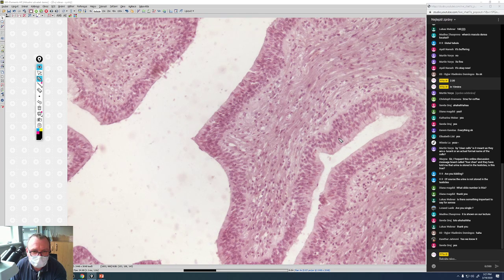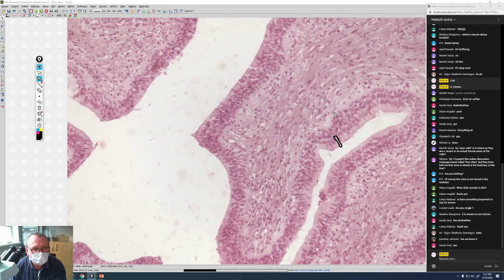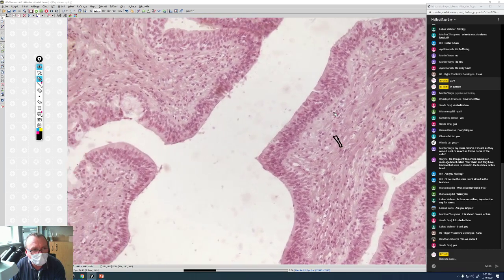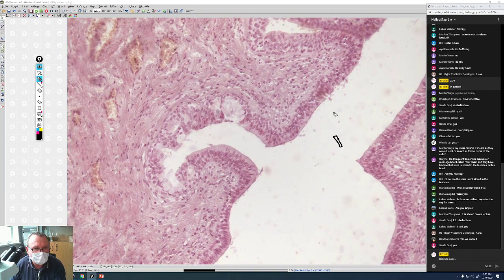So you can see high and narrow cells which are really columnar, and these cells are in the superficial layer of this multi-layered or stratified epithelium. And when I go along this epithelium, I can sometimes find such lighter spots.